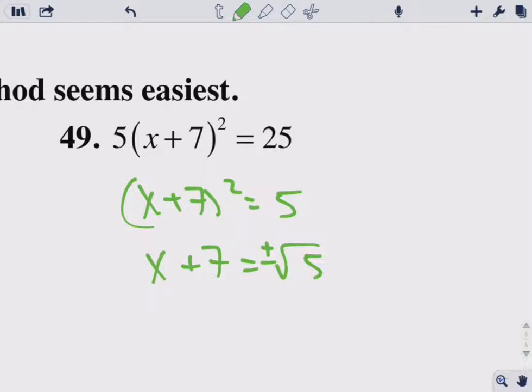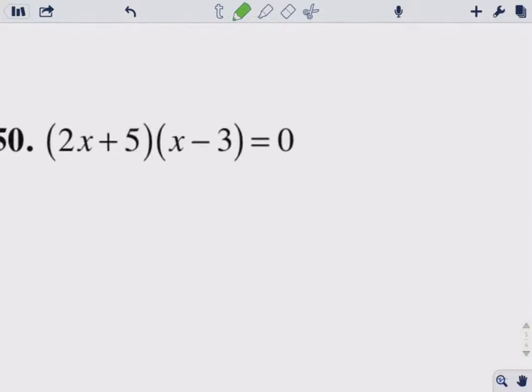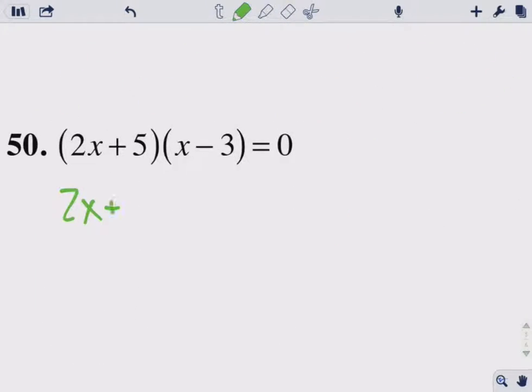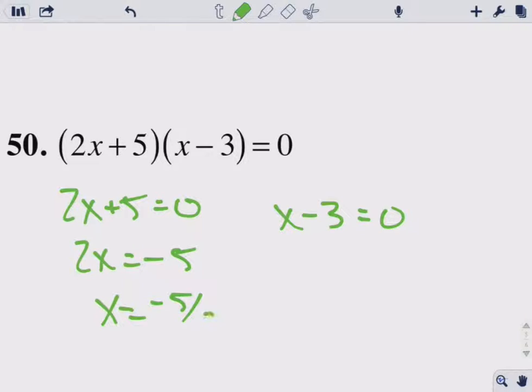Make sure it's positive and negative, and then subtract the 7. The zero product property already applies. So 2x plus 5 is equal to 0, and x minus 3 is equal to 0. 2x equals negative 5, so x equals negative 5 halves. And x is equal to 3 there.